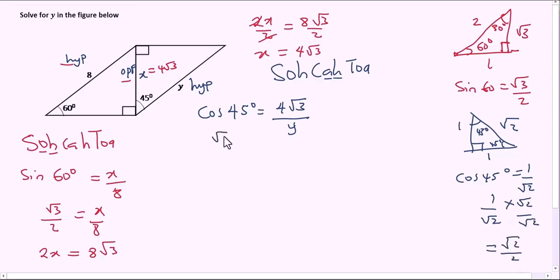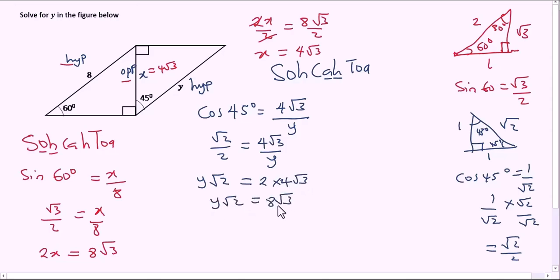So we have root 2 over 2 is equal to 4 root 3 over y. So cross multiplying, we have y root 2 is equal to 2 multiplied by 4 root 3. So y root 2 is equal to 8 root 3. So divide both sides by root 2, we have y root 2 over root 2 is equal to 8 root 3 over root 2. Cancel this out. Let's continue from this point.